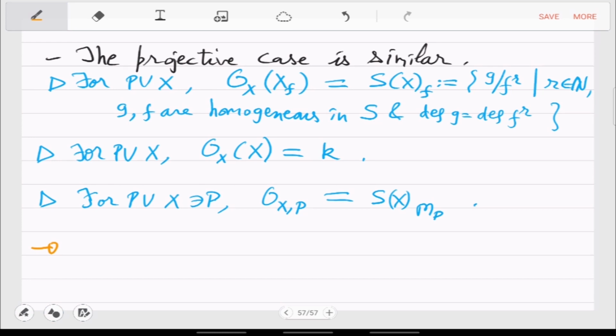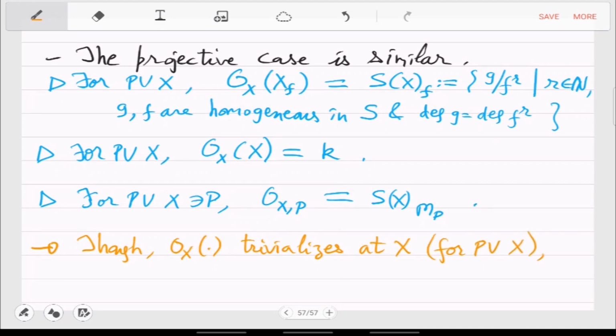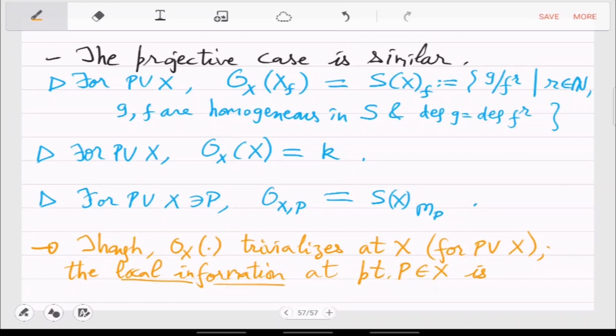So, what you should learn from these two results is that though the OX functor is trivialized at X for a projective variety X, the local information at point P is perfectly preserved.